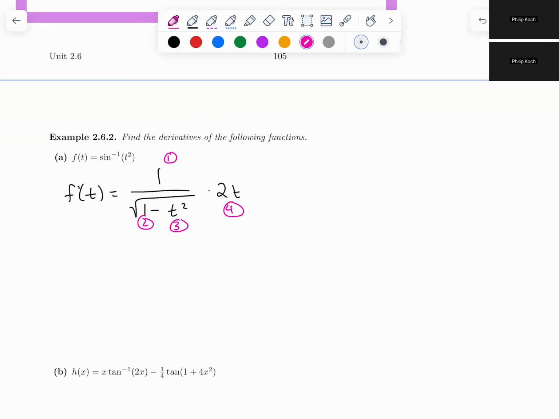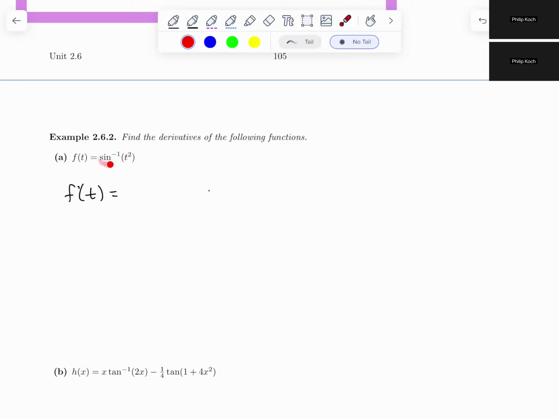Number 3 is wrong. Because the derivative of sine inverse of x is 1 over the square root of 1 minus x squared, but this is sine inverse of t squared. So it shouldn't be that. It should be this. This is a chain rule. The outer function is sine inverse. The derivative of sine inverse is 1 over the square root of 1 minus x squared, but it's evaluated at the inside function, which is t squared.